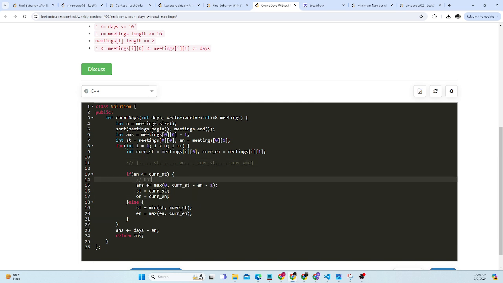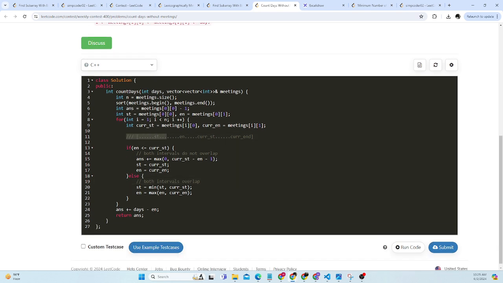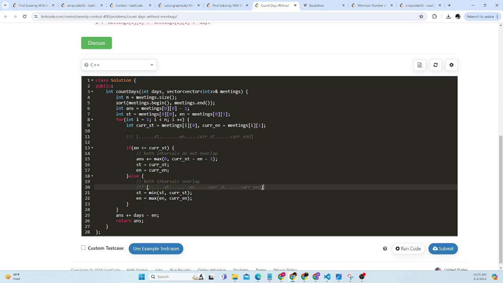Right? Yes, in this case both intervals do not overlap, but in this other case both intervals overlap. This case could be like this, and let's say we have something like this end.